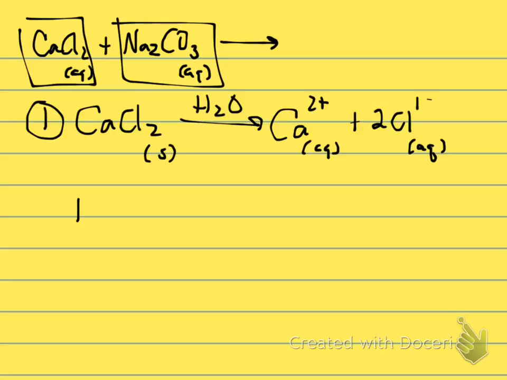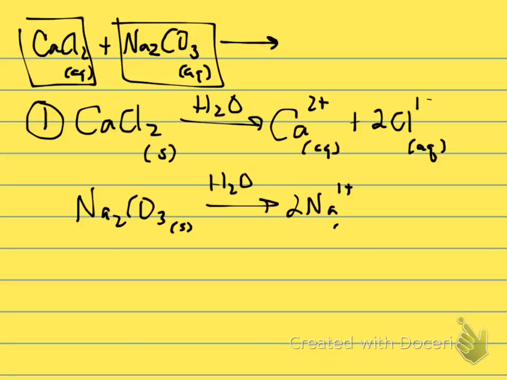Now we have to write the sodium carbonate, Na2CO3, solid form. Dissociate it. We get 2 moles of sodium 1+ ions in aqueous solution, plus 1 mole of carbonate ions in aqueous solution. That's your first step.